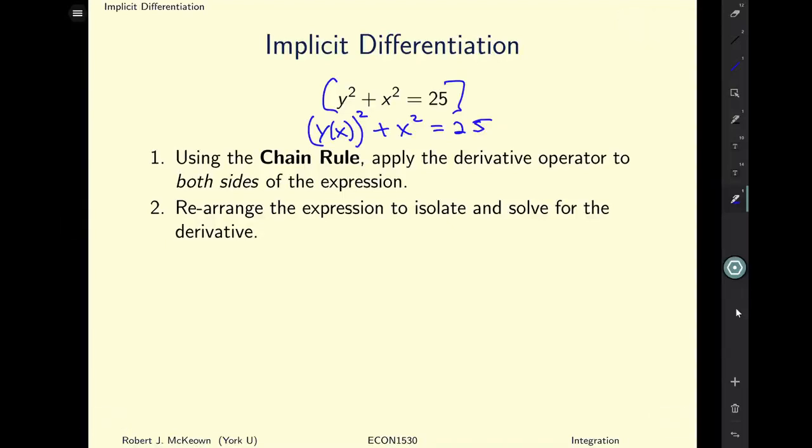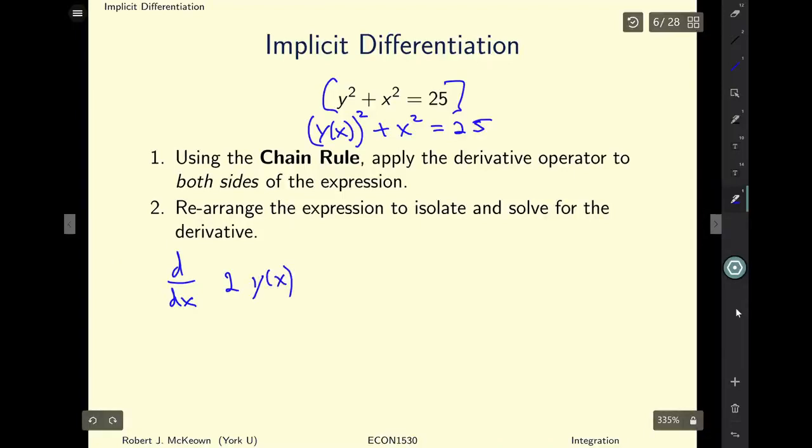Now I'm going to take the derivative of this thing with respect to x. And so what am I going to get? I'm going to get 2y(x) times y prime(x), right? I'm using the chain rule, plus 2x equals 0.